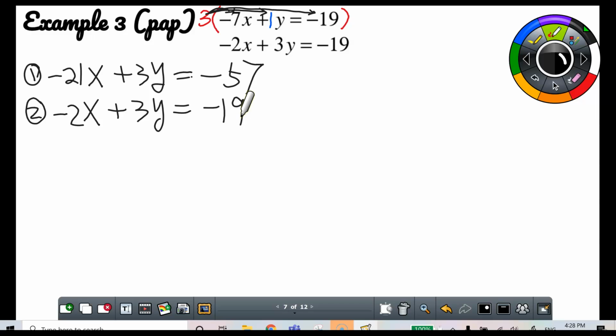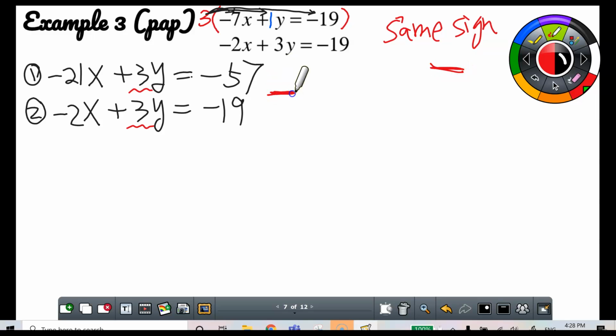Okay, so now you'll see what? You see the numbers in front of the y are the same. So you have the same numbers, and check their sign. Both are positive, so you have the same sign. So for the same sign, to eliminate the 3, 3 subtract 3 is 0, right? So you're going to subtract the two equations.